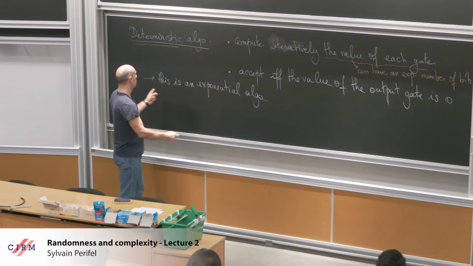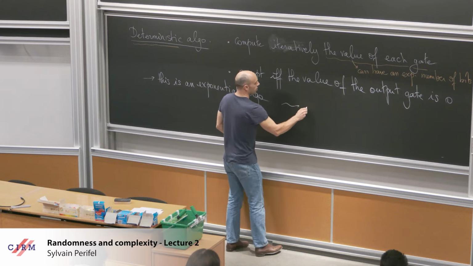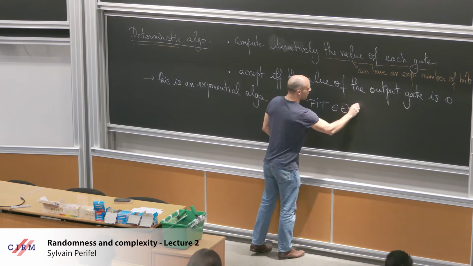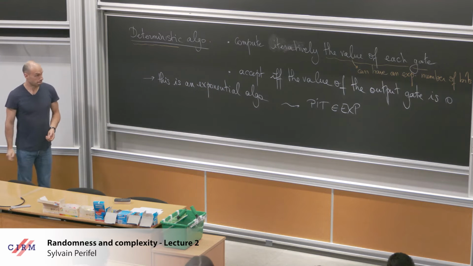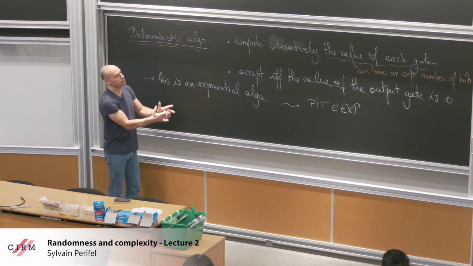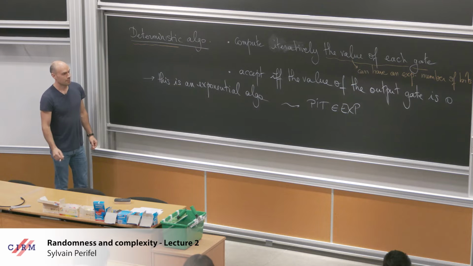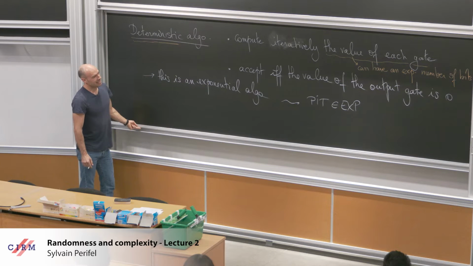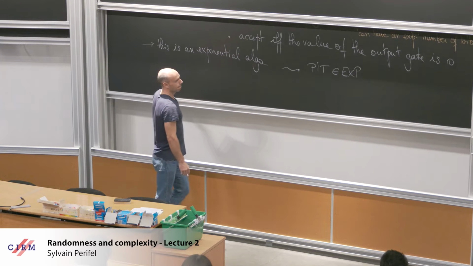Because here, this exponential algorithm places the problem PIT in the class EXP of exponential deterministic time that we have seen last time. And what I will explain now is how to improve this and put it in a possibly much smaller class, which is randomized.